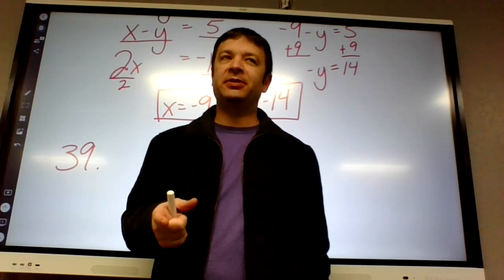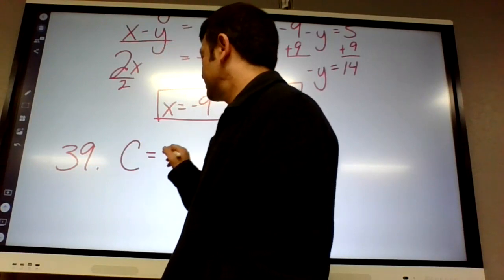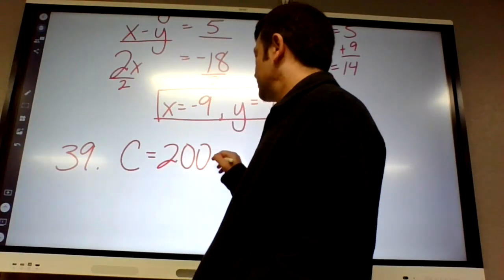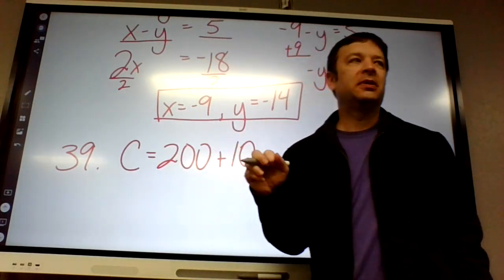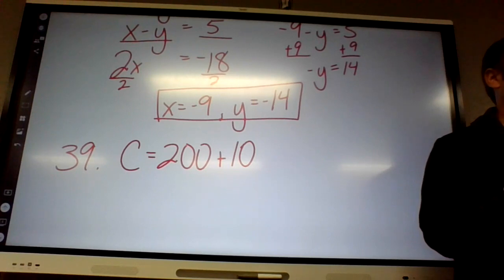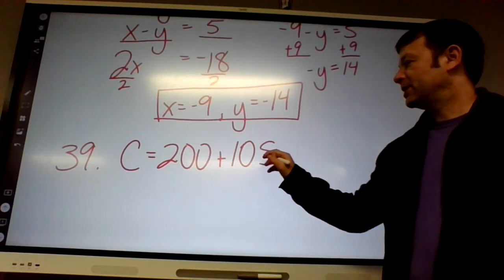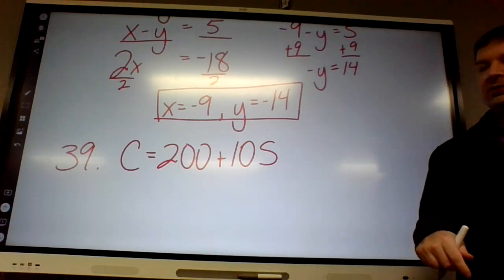Does anybody think they know what that equation is? Sarah? Right. It's not just $10, it's $10 what? Cost for each skater. So we don't know how many skaters there are, so S times... What's the C for? The cost of the renting.